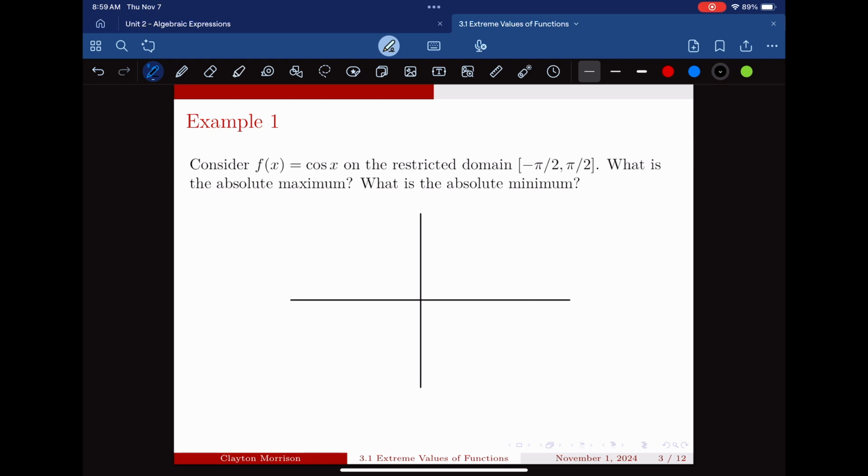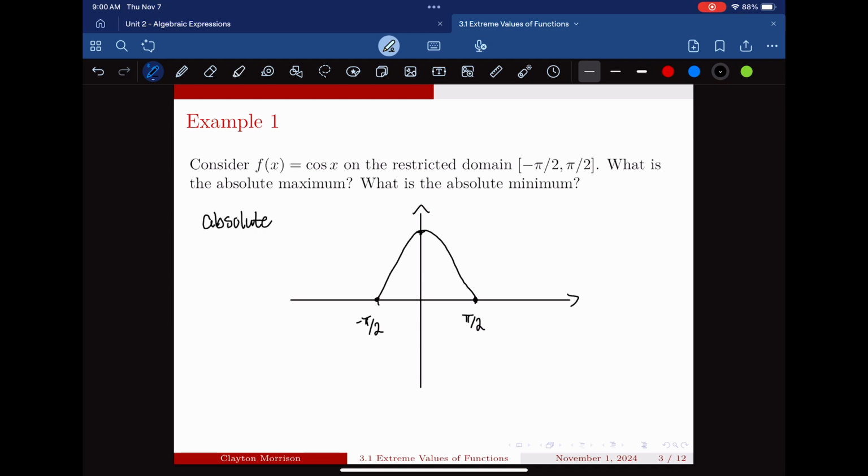Cosine is the one that starts at 1, and then at pi over 2, you go down to 0. And then at negative pi over 2, you are also down at 0. So if we're restricting the domain between those two values, you're going to come up and then down, just like that.